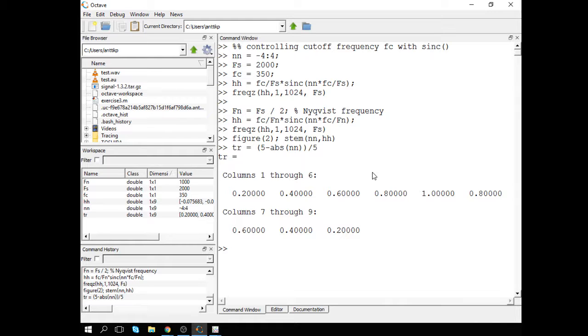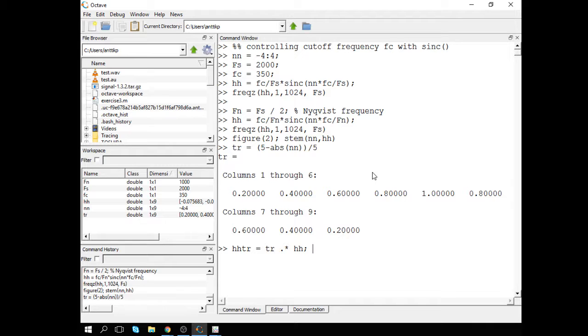Now we can actually do the sync again. Let's see, but we already have the sync. Now we use the other window, not this box window, but we use the triangular window simply by selecting TR as the W function there and see what happens.